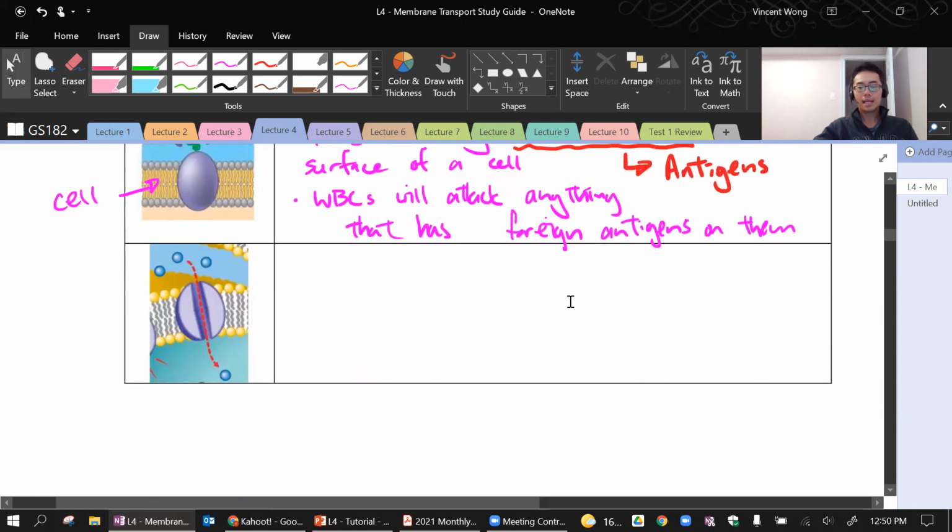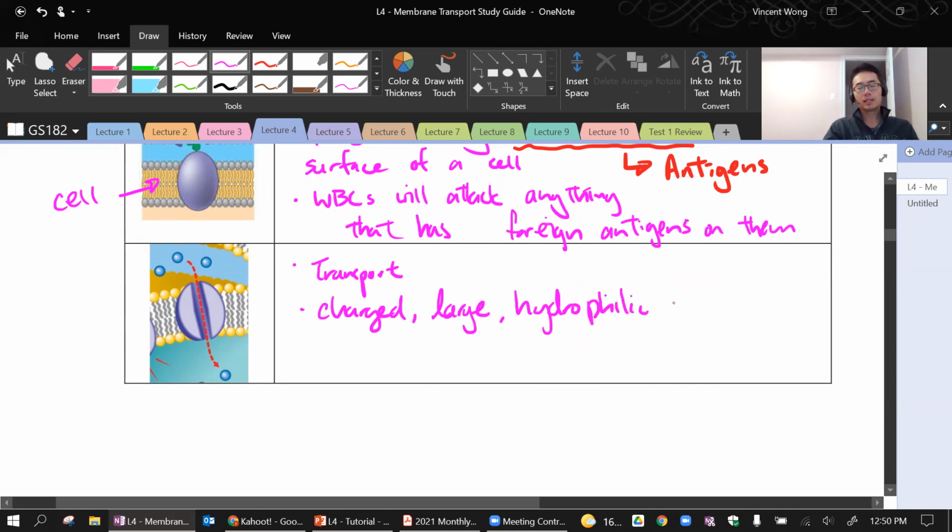Last but not least, membrane proteins are important for transport. Charged or large or hydrophilic molecules or substances cannot pass through the membrane on their own.